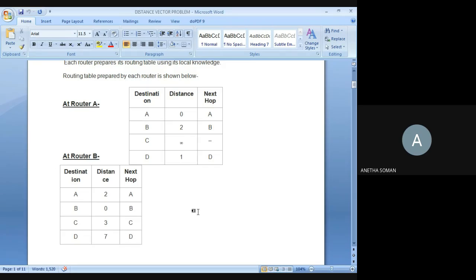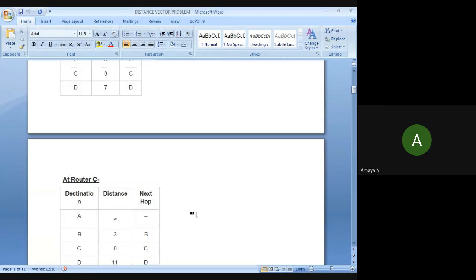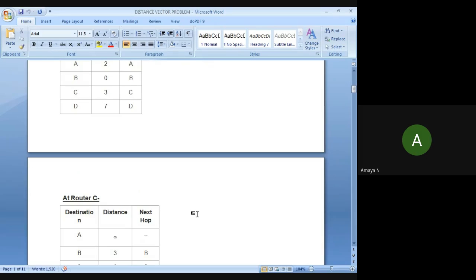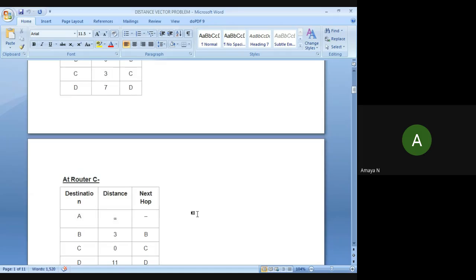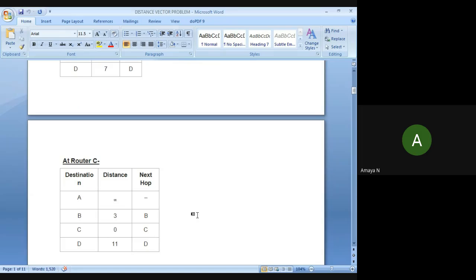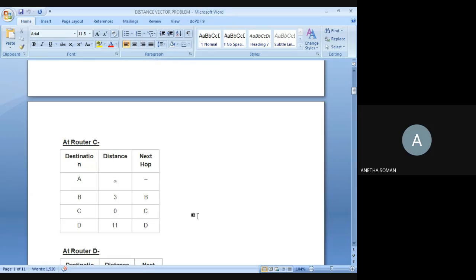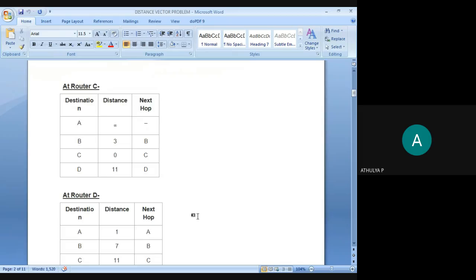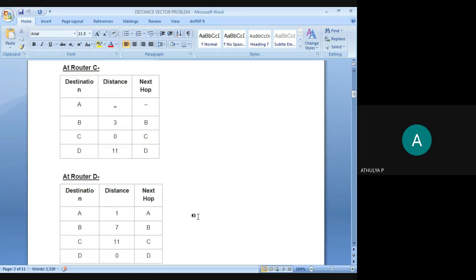Similarly, find it for router C. Amaya, tell the answer. A infinity, B 3 B, C 0 C, D 11 D. That is the routing table for router C. Now, Atulya, for router D: A 1 A, B 7 B, C 11 C, D 0 D. Okay, so initially you have created the routing tables.